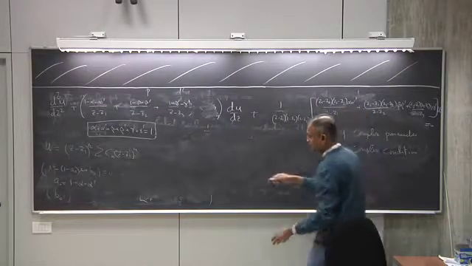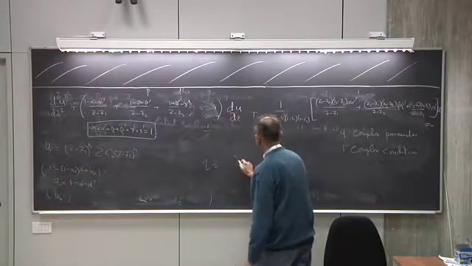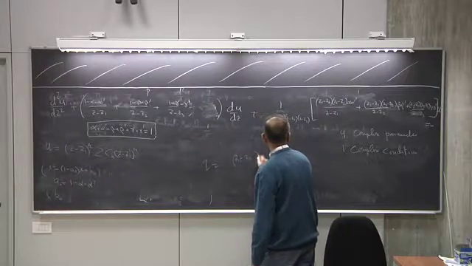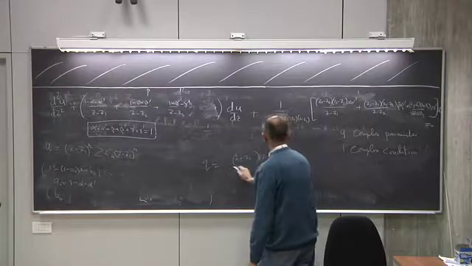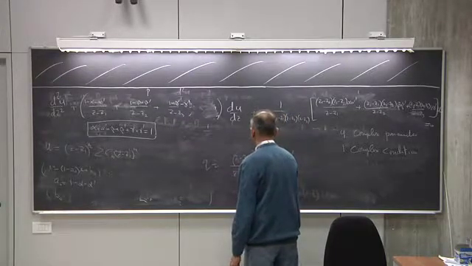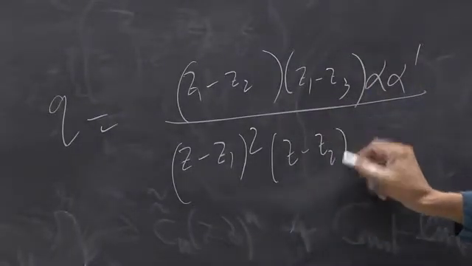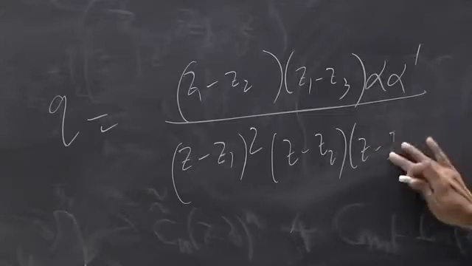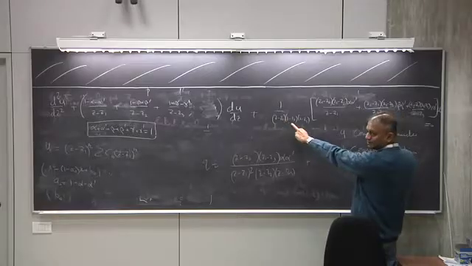What is Q? Looking at the first term, it is Z1 minus Z2 times Z1 minus Z3 times alpha prime, divided by Z minus Z1 squared, times Z minus Z2 times Z minus Z3, plus other terms, but those can never give you a second order pole.